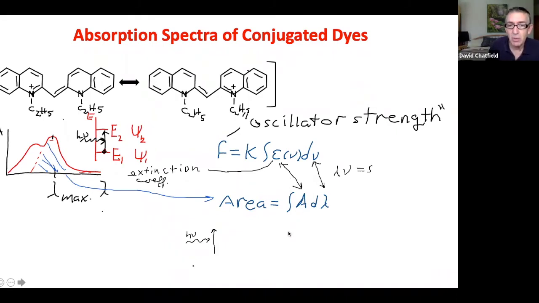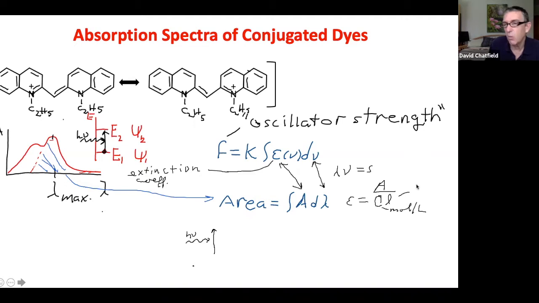And then the relationship between A and epsilon is fairly simple. So epsilon will be simply equal to A divided by the concentration C times the length of the cell. So here L is the length of the cell and C is the concentration in moles per liter. So I'll write that down, moles per liter.